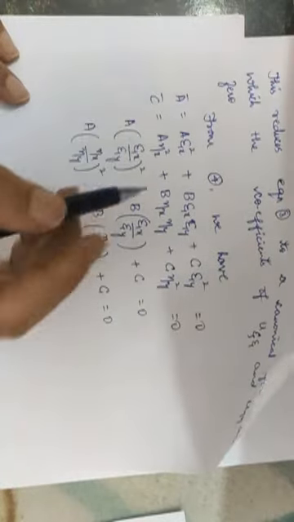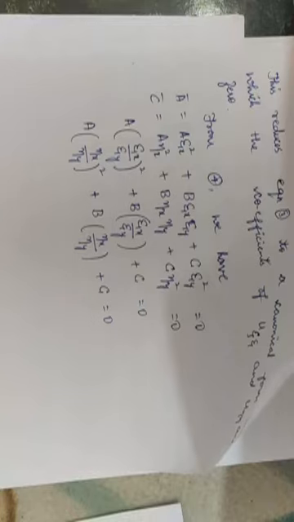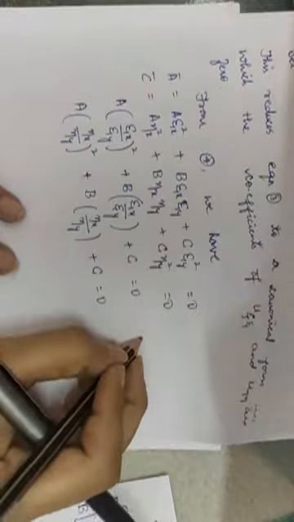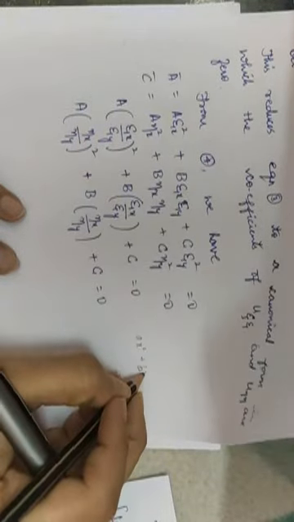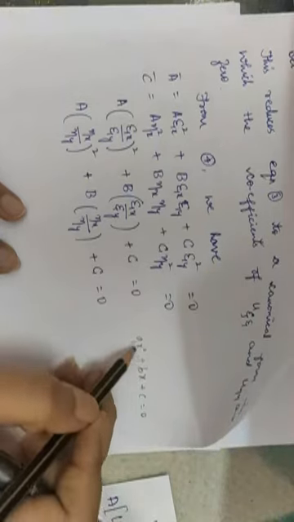So if this takes the form of ax² + bx + c = 0, then here the unknown is x, right?